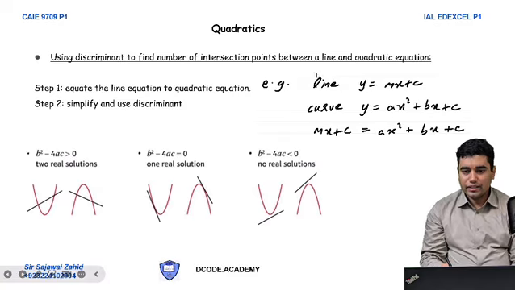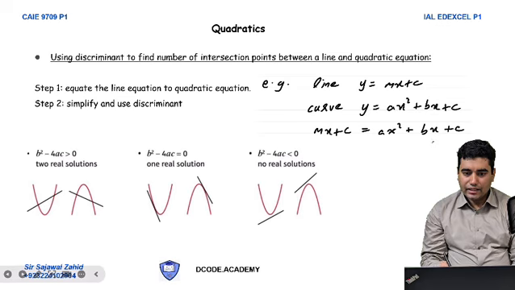We can extend this concept to find the intersection points between a line and a quadratic. First you equate the quadratic equation to the line, and then simplify to make it one quadratic equation. The general form is mx plus c equal to ax squared plus bx plus c.